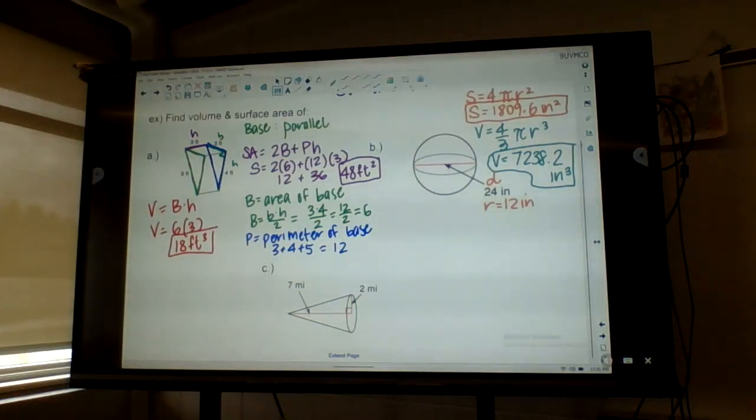And then finally we'll go to the cone on the bottom. That's another one where you need to know what some of the symbols mean. It uses an L, like that cursive L, and that's called the slant height. So that's important to be aware of. You don't want to just write the formula down if you don't know what everything stands for.